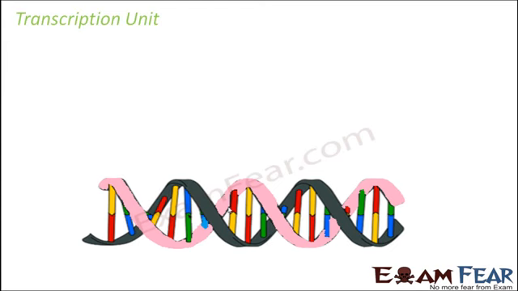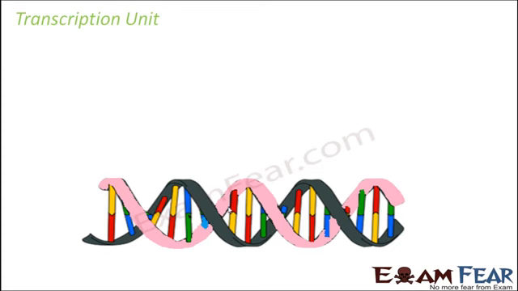So now we will talk about transcription unit. Where exactly in a DNA does the process of transcription take place? As I mentioned before, it is not that the entire DNA gets replaced with an RNA. It is just a portion of DNA where one strand of DNA will act as a template and generate a portion of RNA.